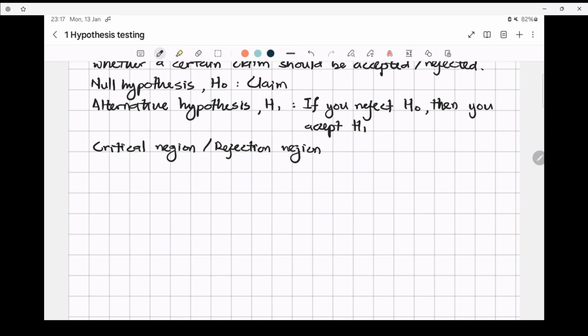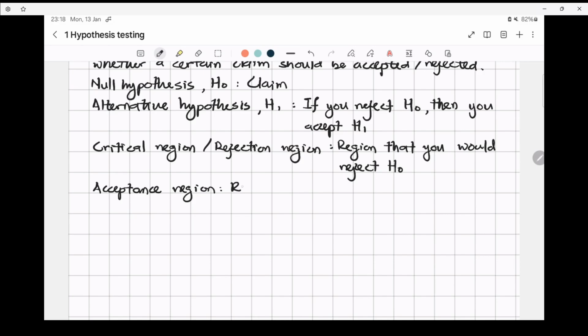This is the region where you would reject the claim, reject H0. If you have a rejection region, of course you have an acceptance region, the region where you will accept H0.